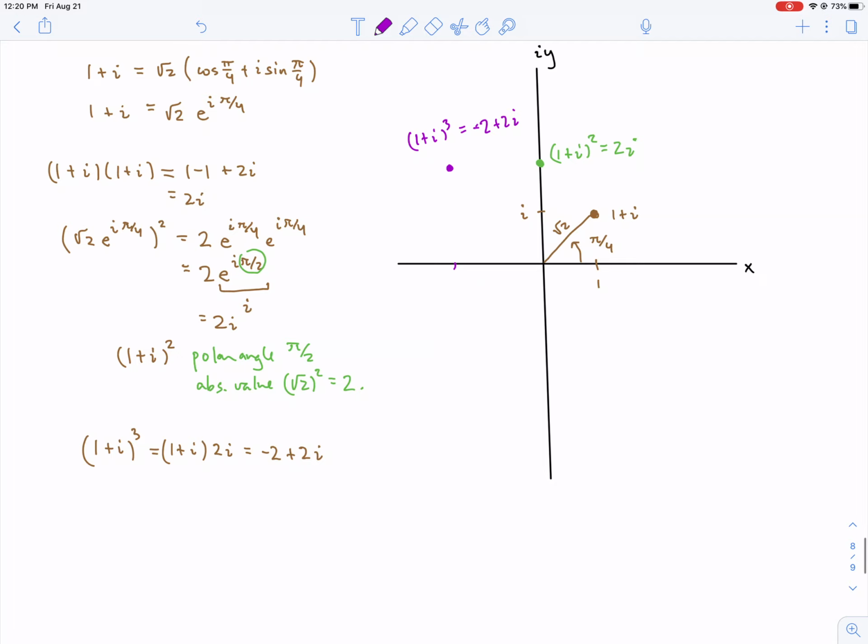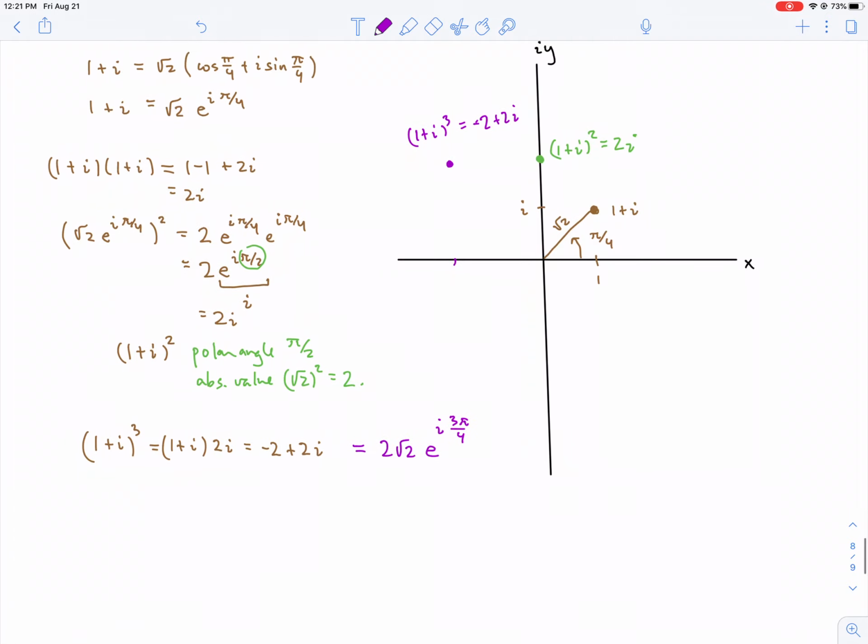And in polar coordinates, its argument is 3 pi over 4. Its modulus is 2 root 2. So in polar coordinates, it's 2 root 2 e to the I 3 pi over 4.